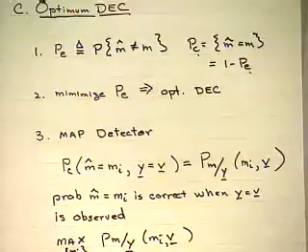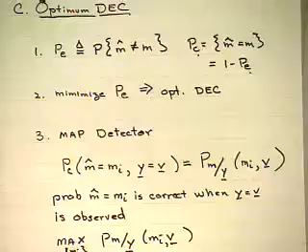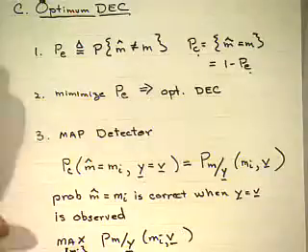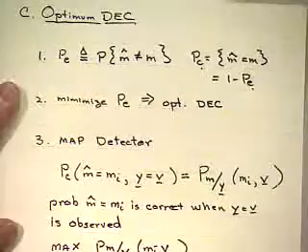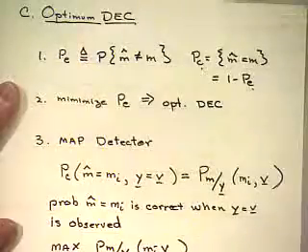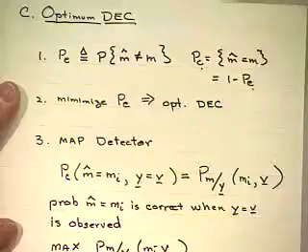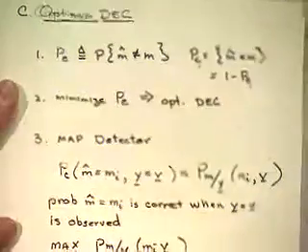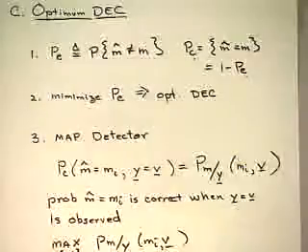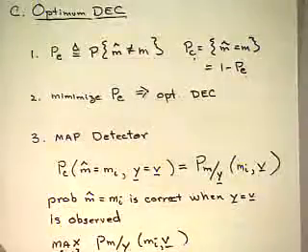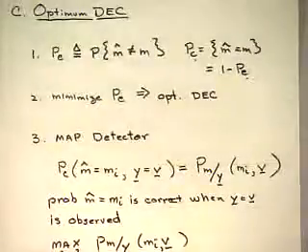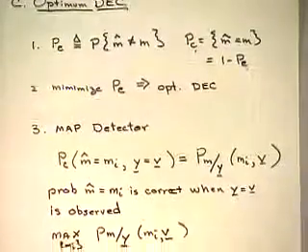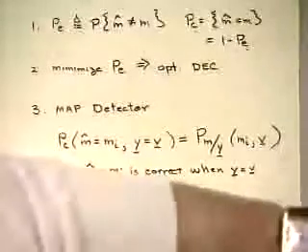And because I've defined my optimum decision device as having minimized the probability of error, then this is the optimum detector. And what it maximizes is typically called the a posteriori probability distribution. A posteriori means essentially in Latin, looking backwards, given an output, looking at the input. So that's where the name comes from. That is the optimum detector in communications.